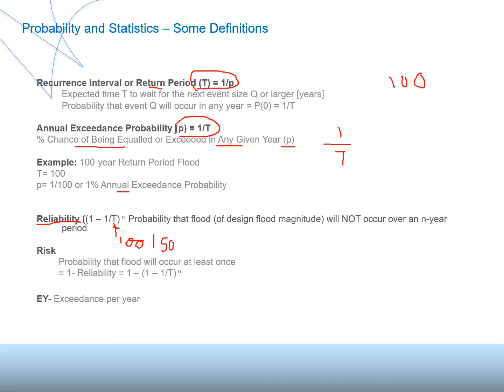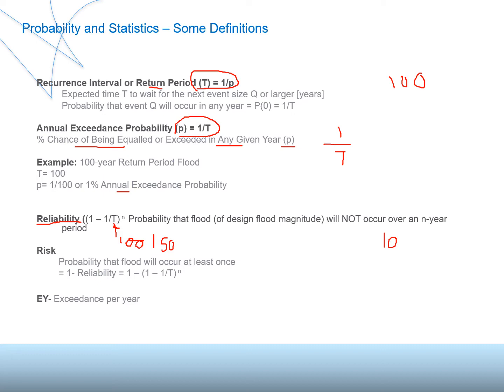Maybe if you design your structure for a 10-year period, what is the probability that the flood will not occur in 10 years or 50 years or even 100 years? Okay, so we can calculate, and that is called reliability, which is (1 minus 1 divided by T) to the power n.